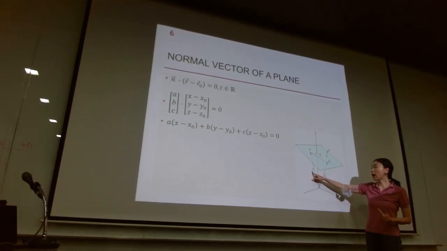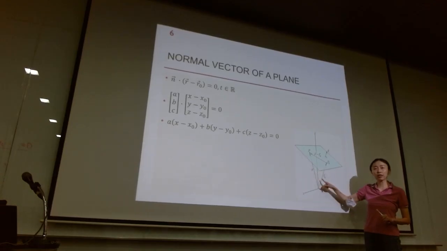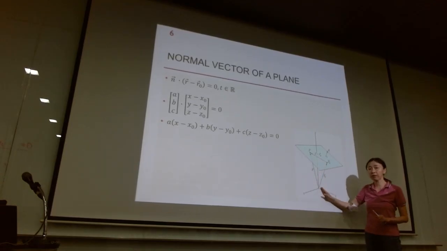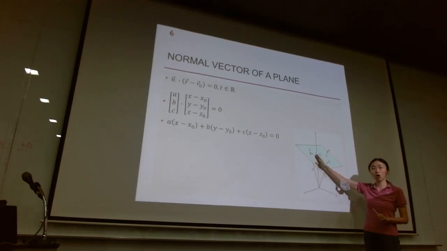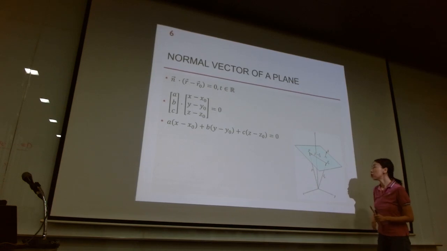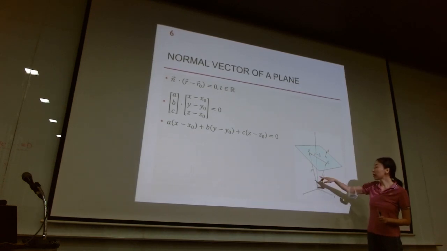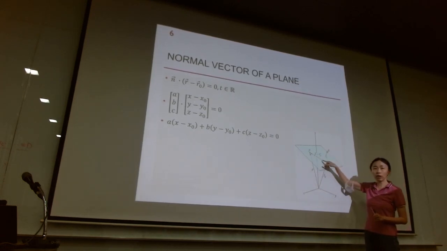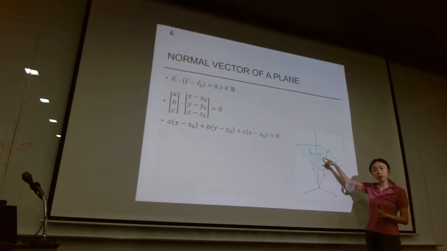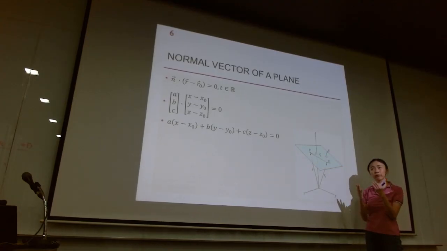Then you will have the r vector, the same thing, r vector x, y, z. But this r vector usually will not be in the plane. Only the end point will be in the plane. So in this case, two of the end points will be in the plane, so I need a vector in the plane.